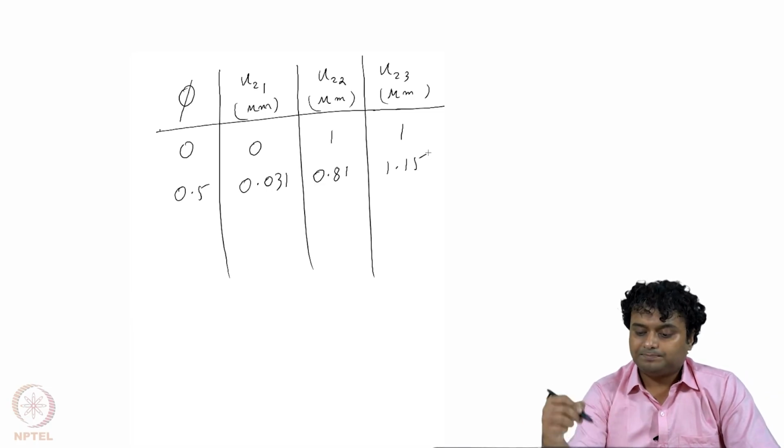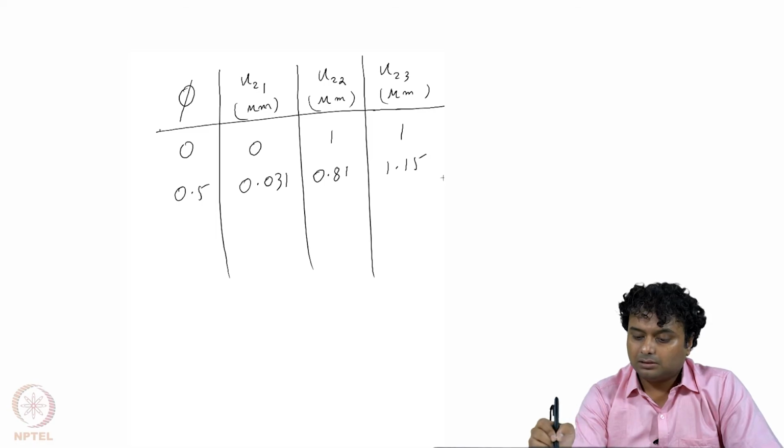Now see, in this voltage combination, I have got all the 3 roots. Here this 0.031 micrometer is possible because it is below 1 micrometer.